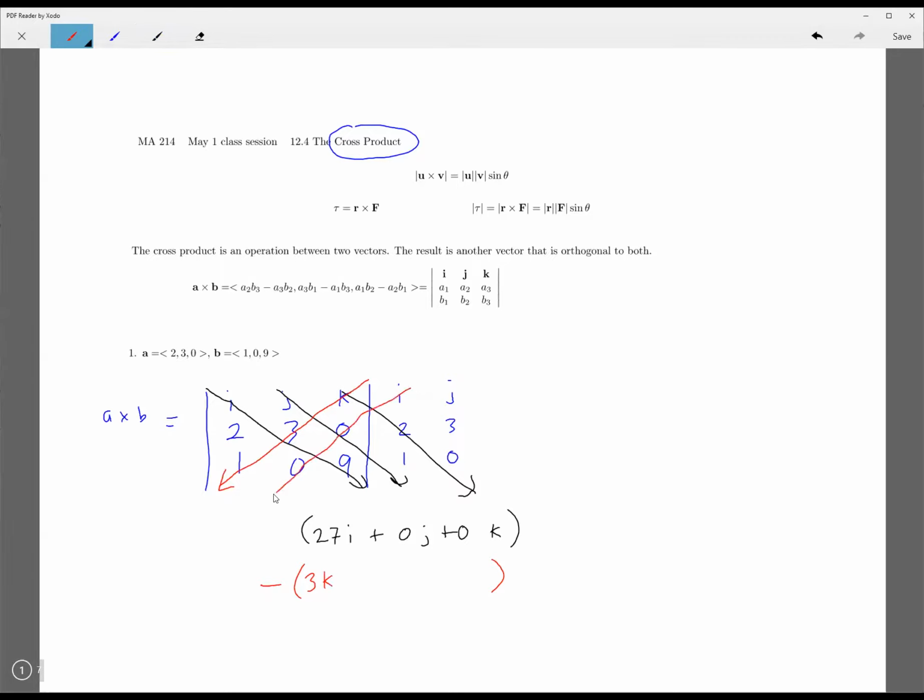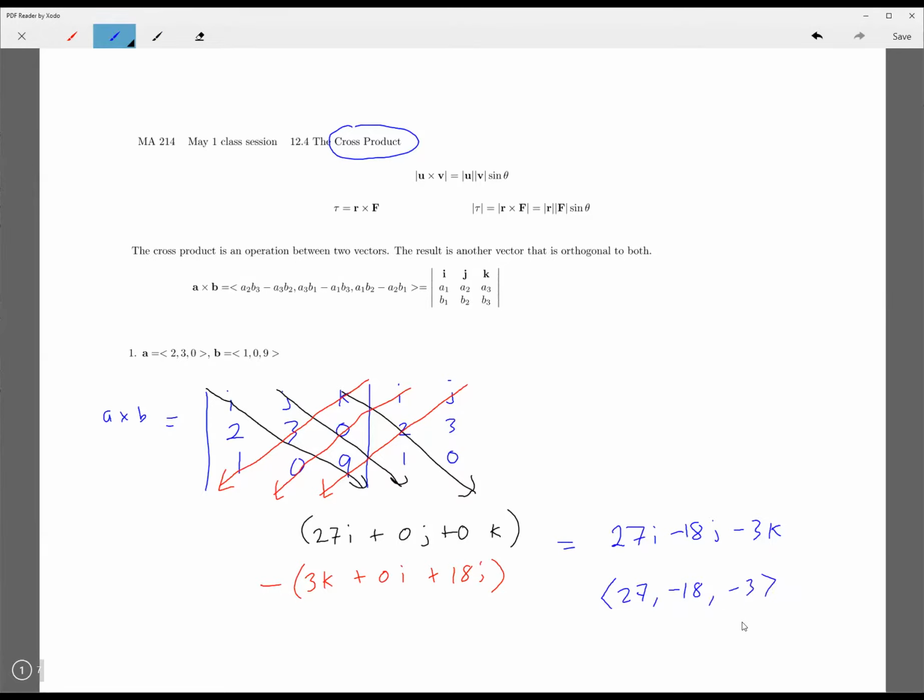There's this, that's 0i, and then there's this, which is 18j. So in the end, it gives you 27i, minus 18j, and minus 3k. That is 27, negative 18, and negative 3.